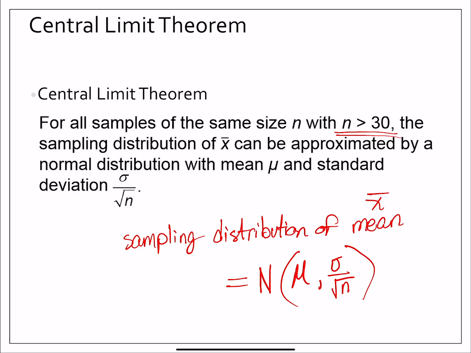That's what we're approximating our sampling distribution as. Now, it may seem like, okay, professor, why is that important? Why does that help us? That doesn't seem useful at all. But we'll see in a second why this is so useful.